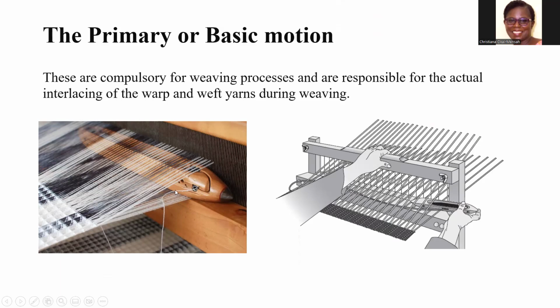And the shuttle is containing this yarn, that is the weft yarn. As soon as the shed is opened, the weft yarn is laid with the help of the shuttle. And as soon as you take the shuttle from the shed, you are supposed to beat the weft yarn to form part of the woven fabric.